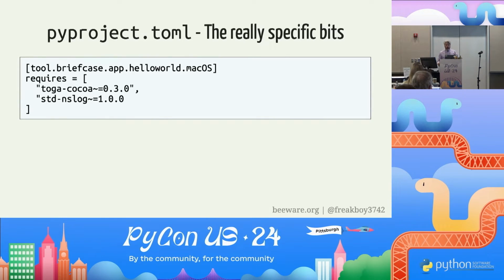So the requirements for this app when deployed on macOS will be Toga Cocoa, standard NSLog, and anything that's defined at the app level and anything that's defined at the project level. Okay, so it's just all concatenated onto the end of each other. As it happens, there aren't any shared requirements at the moment because the app level requires definition was empty, but if you want NumPy available on all platforms, stick NumPy in that definition and off we go.